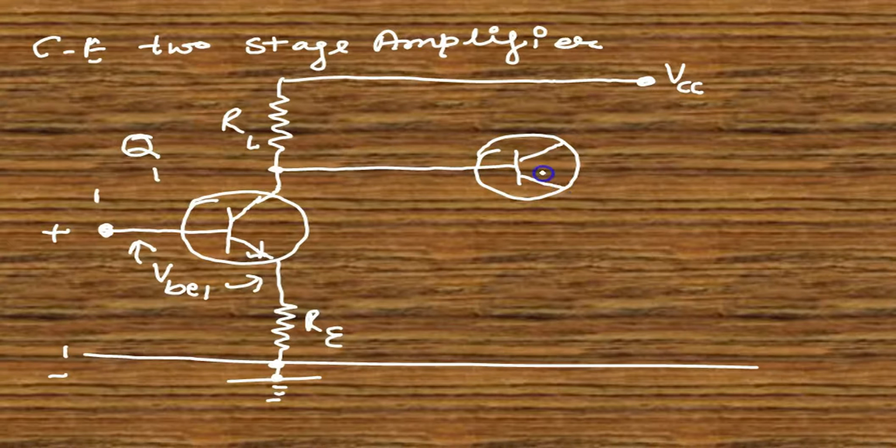Why does it reduce? Because of the emitter resistor. So in this case, the voltage gain becomes minus gm into RL upon 1 plus gm into Re.